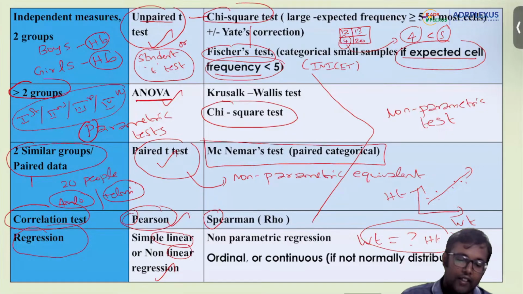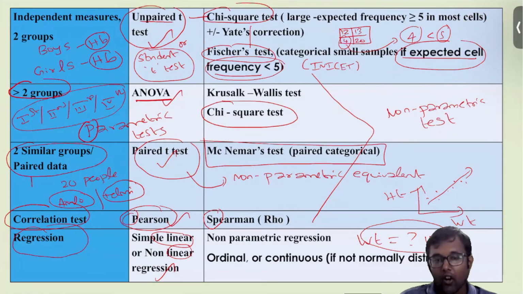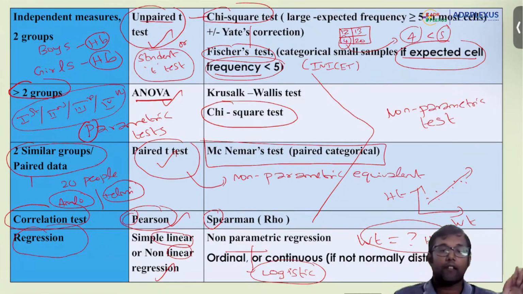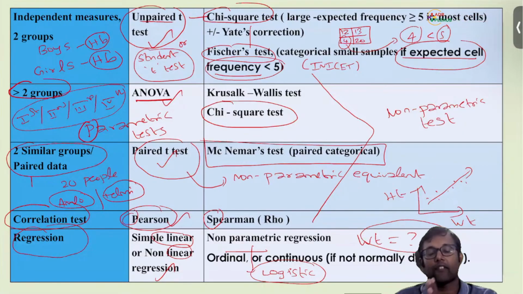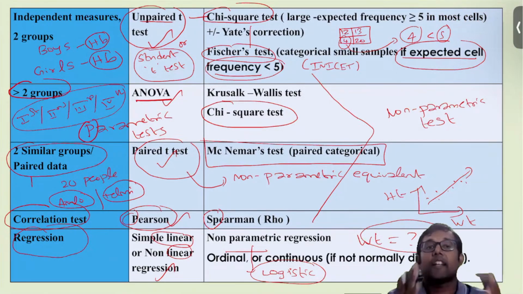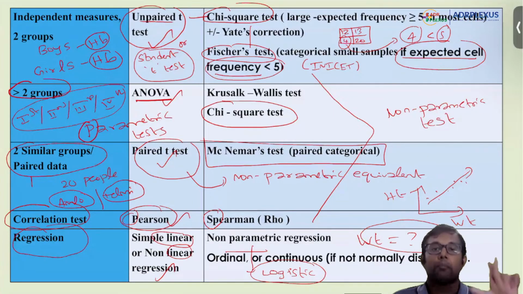If you know the word linear, that is enough. For non-parametric, we mainly use logistic regression. So for parametric, we use linear regression; for non-parametric, we definitely use logistic regression. So this is all about correlation, regression, and tests of significance. Mostly, other than this, they cannot test. But this itself is a higher complex level.